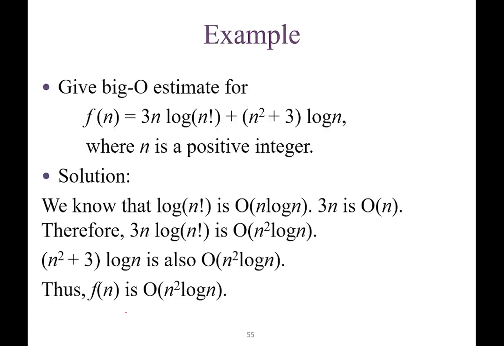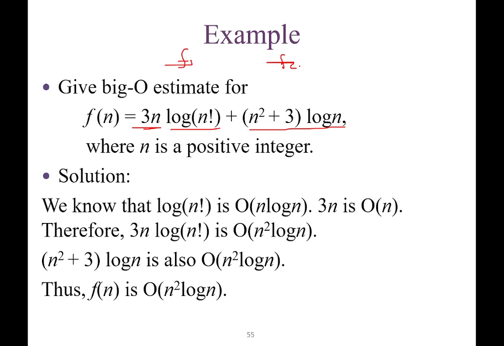Next, let's see an example where we combine different terms, and how to consider its big O notation. In this case, we have 3n times log n, log factorial n. These terms, we didn't see before. And we have the second term, n squared plus 3 times log n. Do you have any intuition? You can consider this is f1, this is f2.